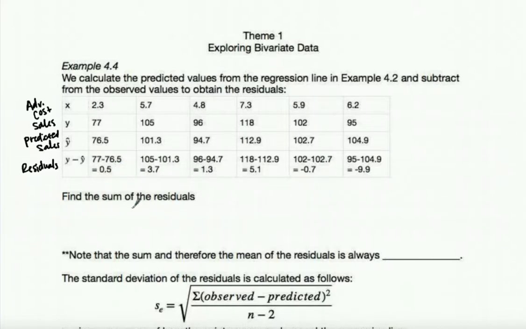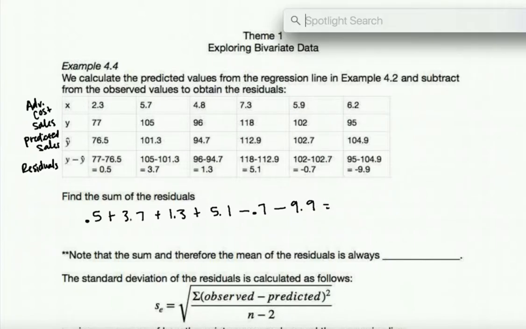So the first thing it asks us to do is find the sum of the residuals. I've already calculated all the residuals for you. You just have to find the sum of them, so just add them up. So 0.5 plus 3.7 plus 1.3 plus 5.1 minus 0.7 minus 9.9.